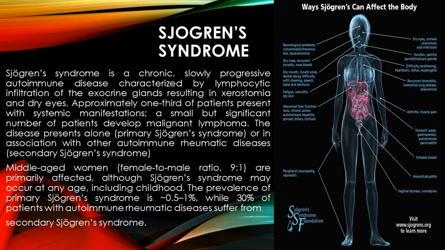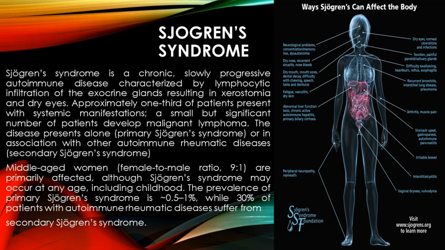Middle-aged women, with a female to male ratio of 9:1, are primarily affected, although Sjogren syndrome may occur at any age, including childhood. The prevalence of primary Sjogren syndrome is 0.5 to 1%, while 30% of patients with autoimmune rheumatic disease suffer from secondary Sjogren syndrome.